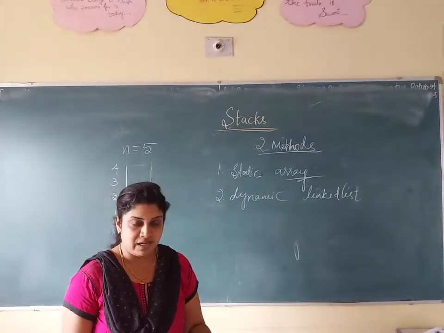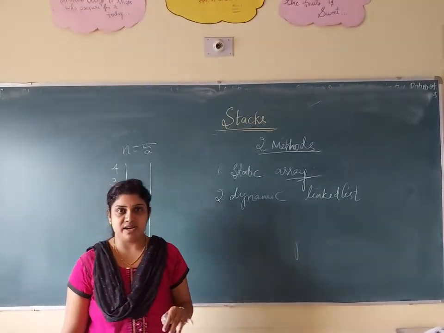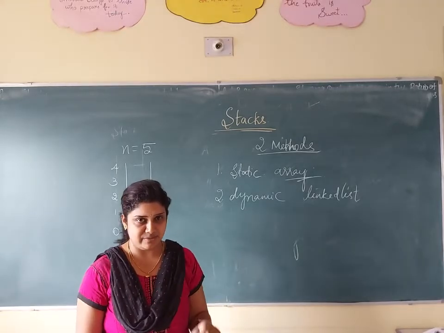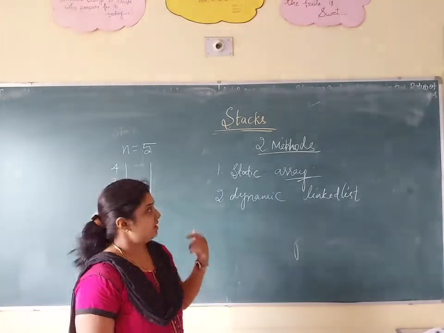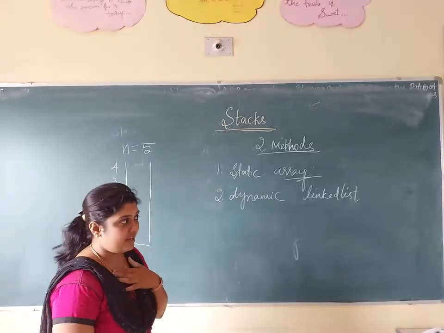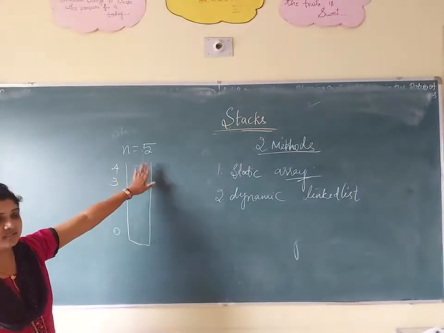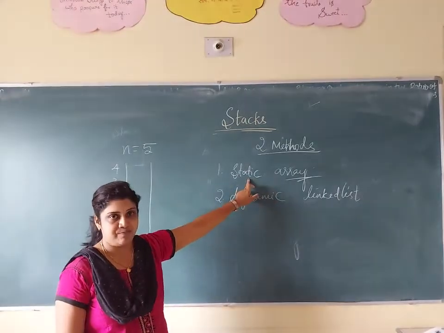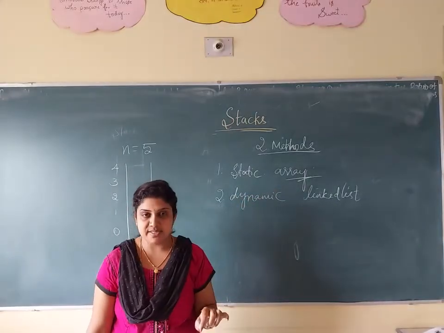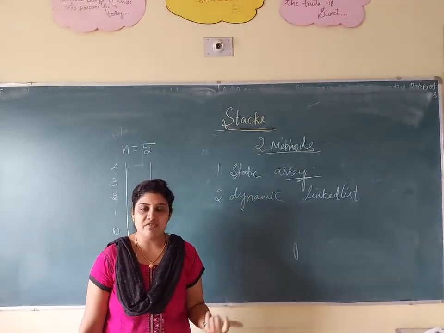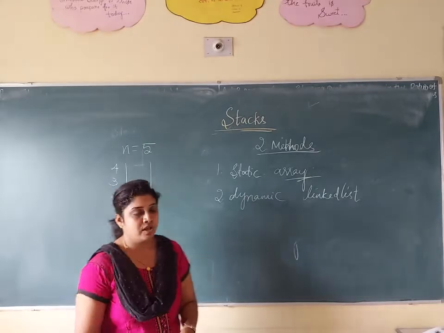Suppose while executing a program or during runtime, you want to add any element. It's not possible, because the array has a fixed size, that is, static. The array has a fixed size, and the stack has a pointer, that is top.